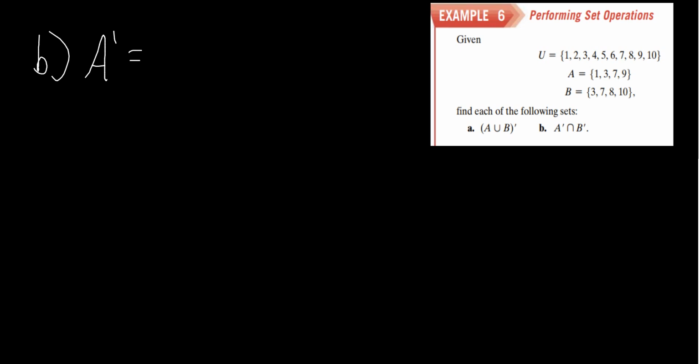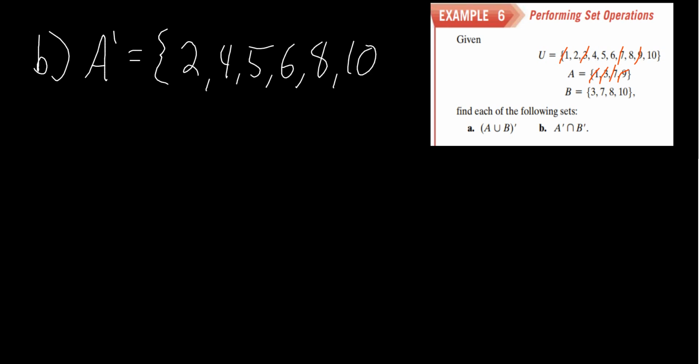A contains 1, so we cross out 1, 3, cross out 3, 7, cross out 7, 9, cross out 9. So A complement is all those elements that are remaining, so it's 2, 4, 5, 6, 8, and 10.